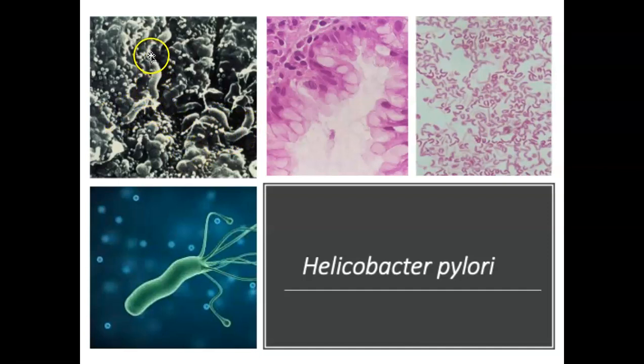See them there? This is an image taken with a light microscope. You can see one of these cells right here inside the lumen or the cavity of a stomach gland. And then over here, this is just a lower powered image of H. pylori showing you that it's gram-negative.